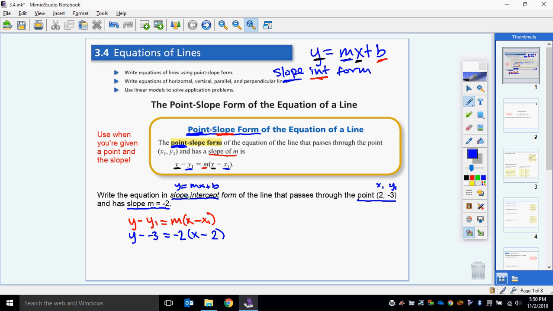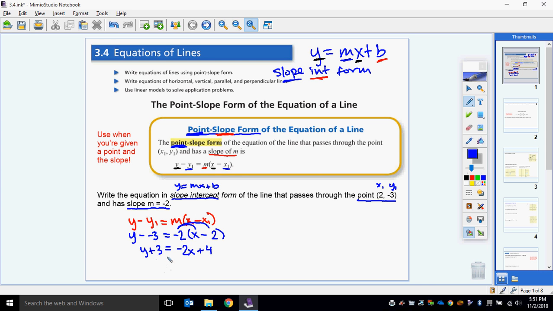Now, again, my end result should be in slope-intercept form. That means I need to get y by itself. I need to solve for y. So I'm going to get rid of these parentheses because slope-intercept form doesn't have parentheses. So I'm going to distribute my -2 to the x, and my -2 times -2 would be a +4. y minus a -3, that's the same thing as y plus 3.